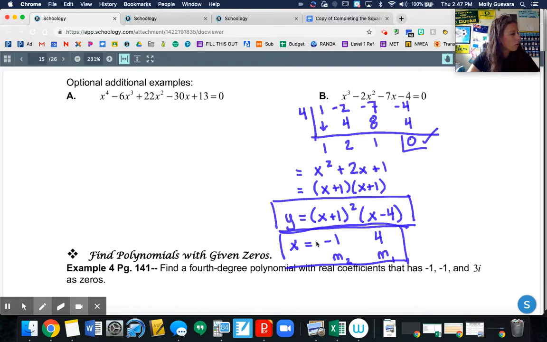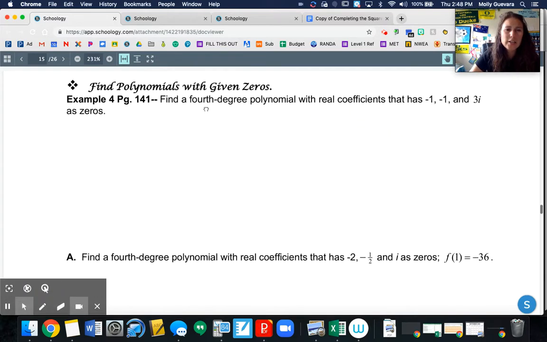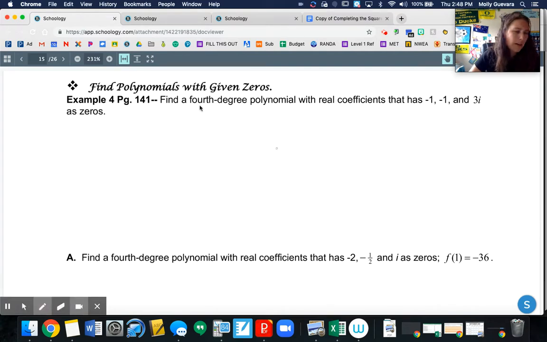Let me know. We're going to move on now to kind of go the opposite way, right? If I'm given the factors, can I find the equation? And it's just multiplying, so it's not anything too scary, okay? So like example 4 says, find the 4th degree polynomial with real coefficients that has -1, -1, and 3i as zeros.